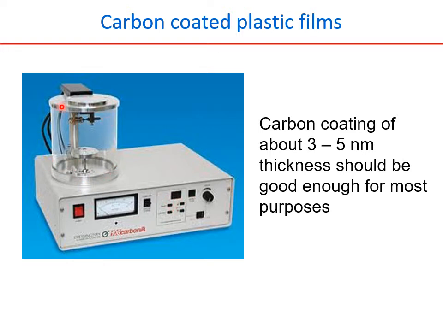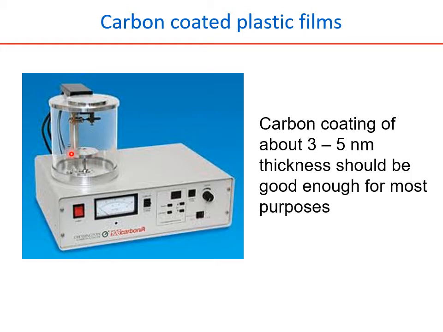So the setup here is, we evacuate the entire vacuum chamber, so it is only vacuum, and when these electrodes are electrified with the power supply, there will be a discharge between these two, and that will release the carbon atoms, and the carbon atoms will start sedimenting on the copper grids here.